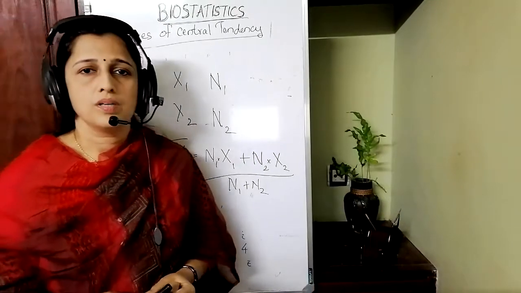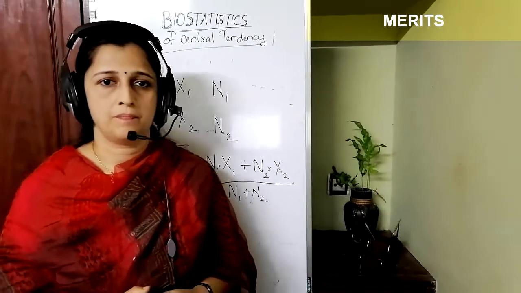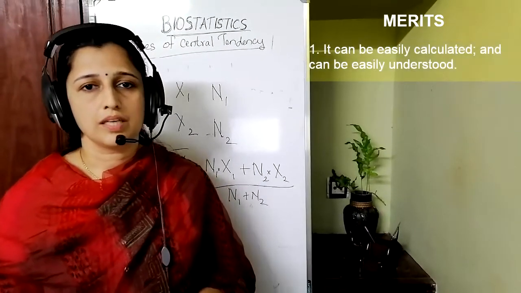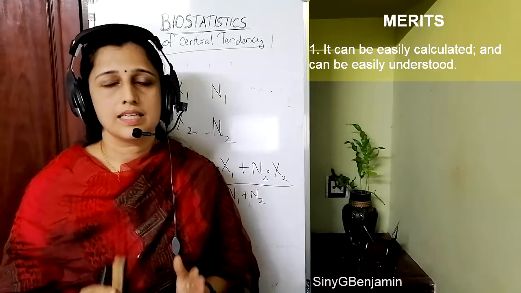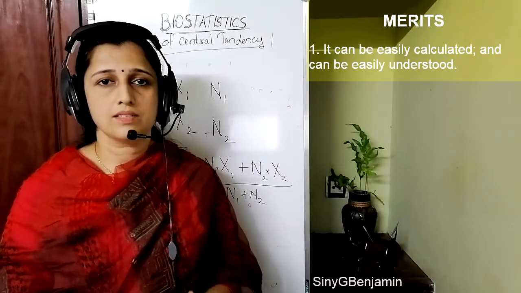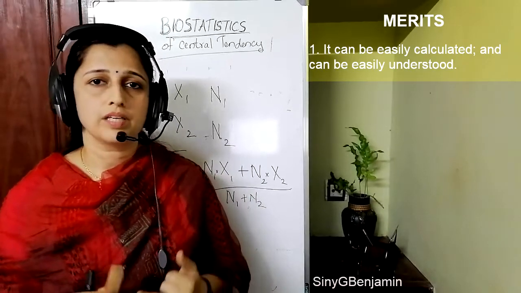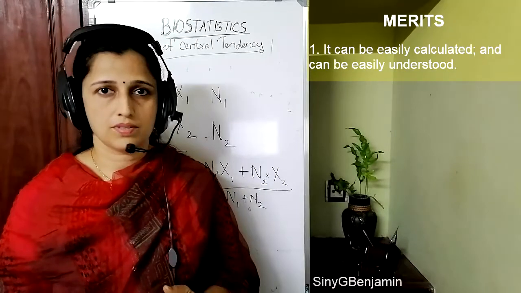And now let's see what are the merits and demerits of arithmetic mean. The merits of arithmetic mean: it can be easily calculated and it is easily understood, and that is the reason why it is most commonly used for research purposes, especially in biological research.